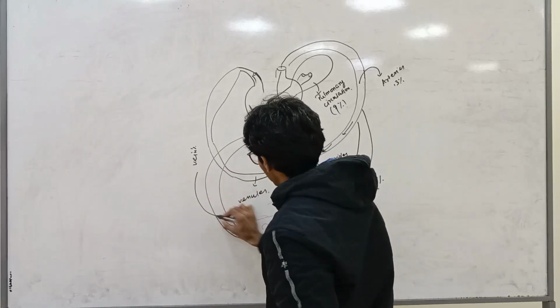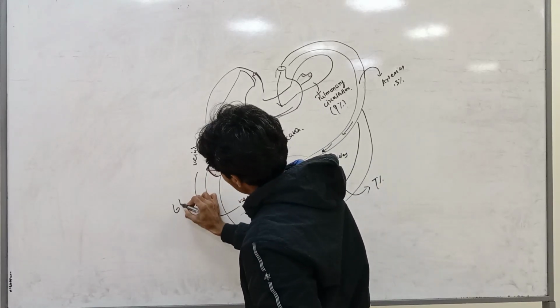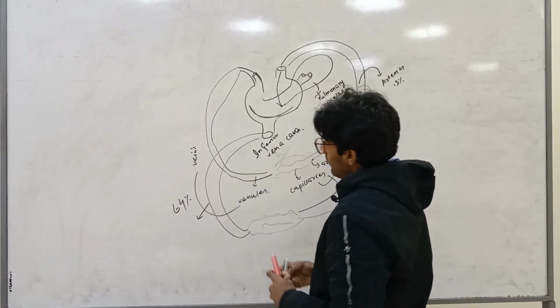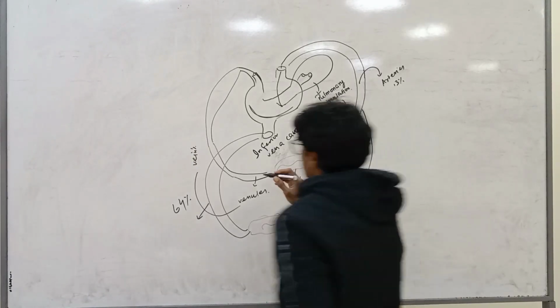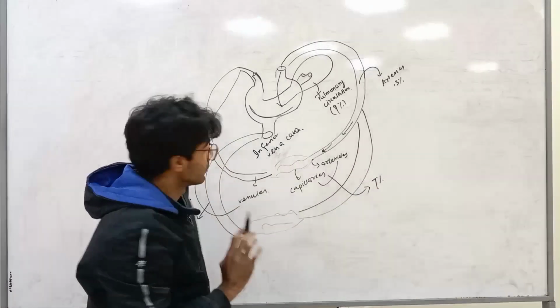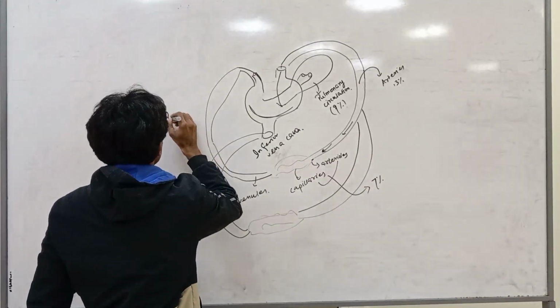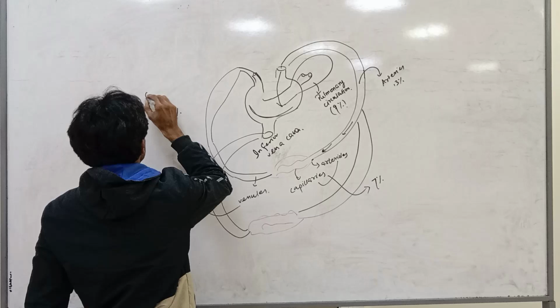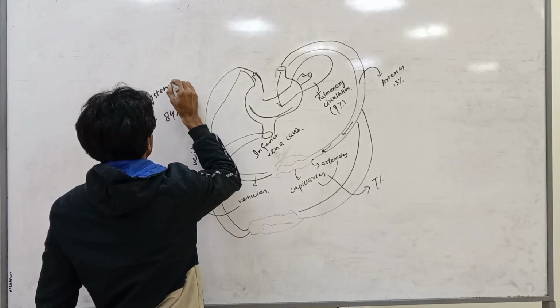Venules and veins have 64% of the total. Look at this circulation. This circulation is known as systemic circulation, which is 84% of the total.